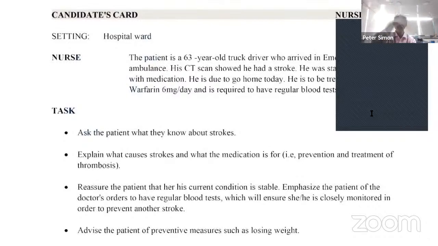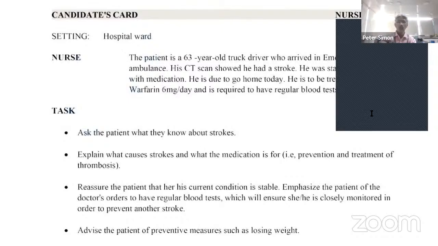Next one, what medication is required if a person has thrombosis? What is the medication required for preventing strokes in the future?